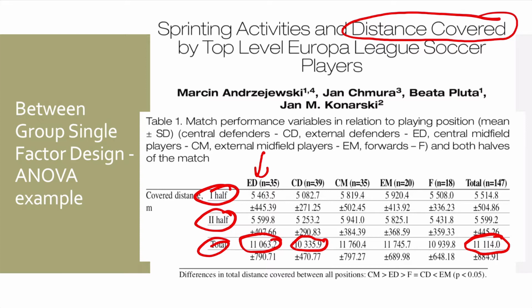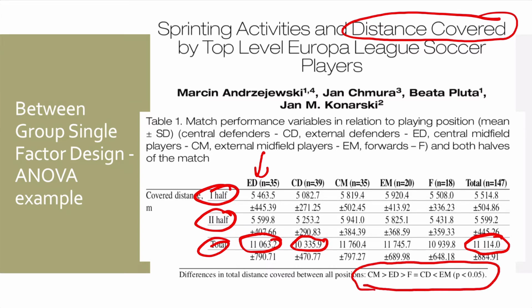So this is an example of a between group design because each of the subjects only was in one of the groups. All of the external defenders only were in that column, all of the central defenders, and so on. And we then compared those mean scores to one another. The findings are interesting, and these are the significant findings.